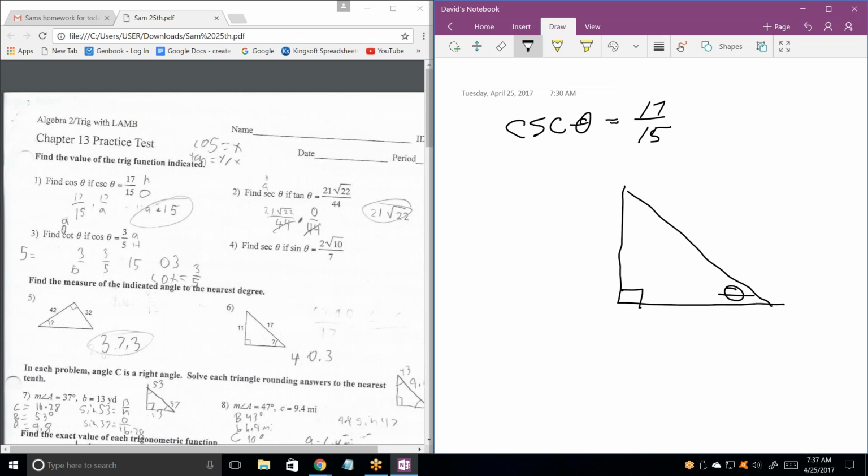Okay, so the hypotenuse is 17, and the opposite is 15. In other words, cosecant is hypotenuse over the opposite. Now, using the Pythagorean theorem, that allows us to dimension the third side. And that's the key thing.